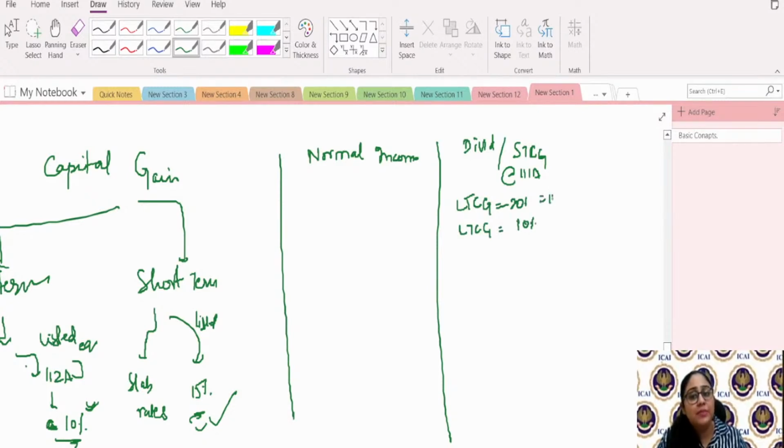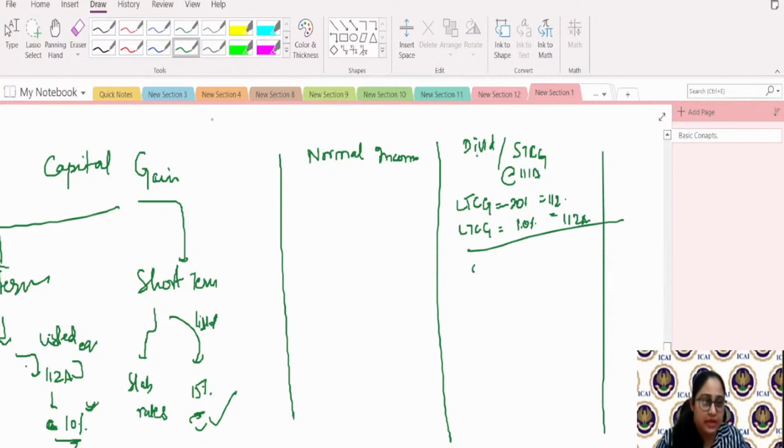No worries about what these sections are; slowly we will get hold of everything. For now remember these are special rate incomes, plus dividend income. And here is my total income.